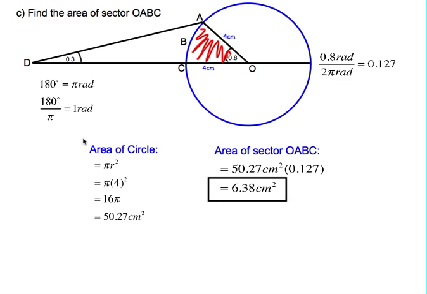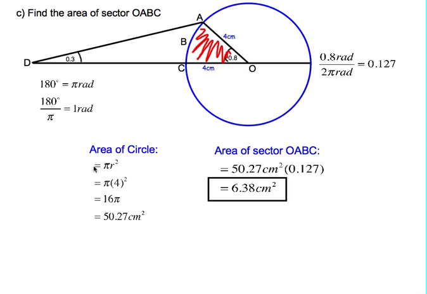To find the area of the circle first, we can use pi r squared. Since we know that the radius is 4, we plug 4 in for r, and you get 16 pi. Or if you multiply it out, you get 50.27 centimeters squared.